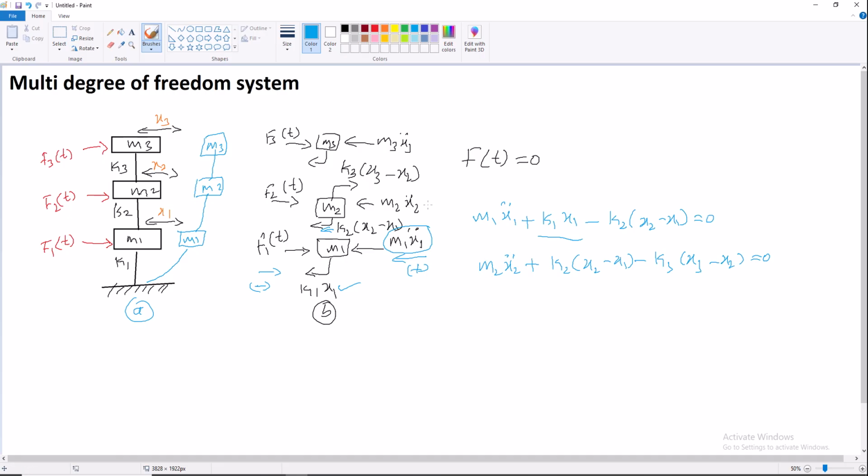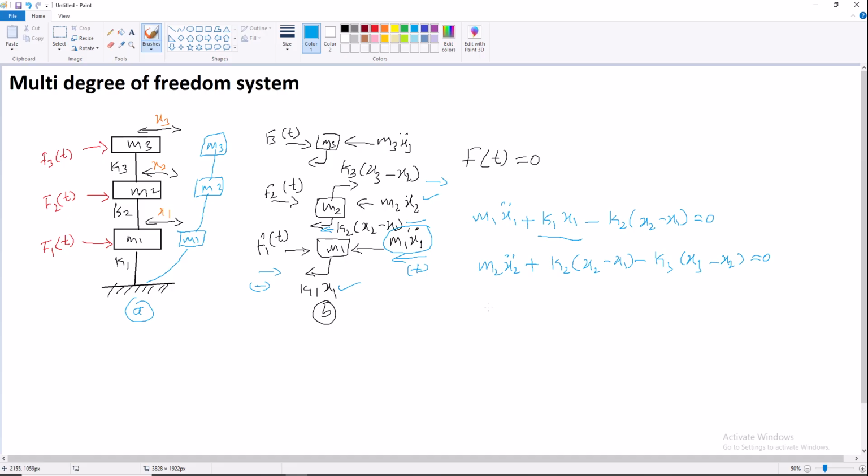Considering the second mass, m2 x2 double dot is in the positive direction, and again I have k2 times (x2 minus x1), and now k3 times (x3 minus x2) is acting in this direction, which is minus, and f2 of t is 0 since it is a free vibration.